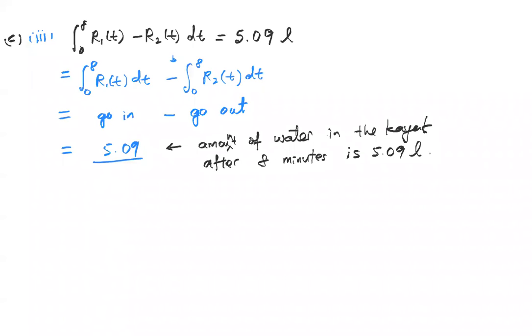Okay, so if you know how to do this, then you will know how to do part D. Am I right? You will know how to do part D. That is, you integrate from 0 to 10 r1(t) minus r2(t) dt.